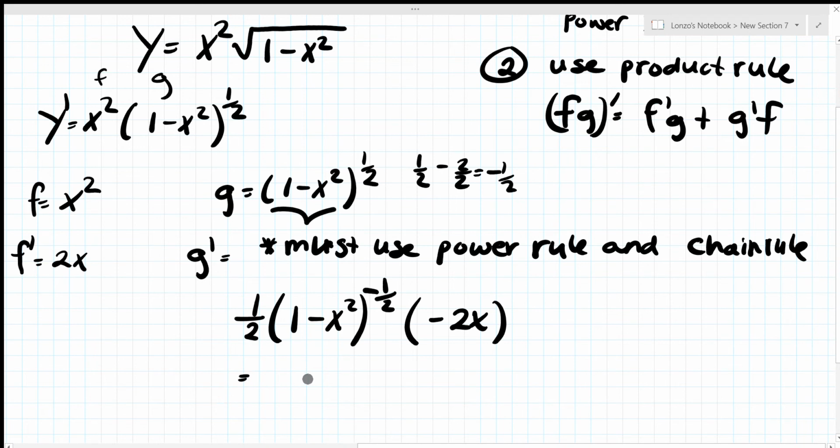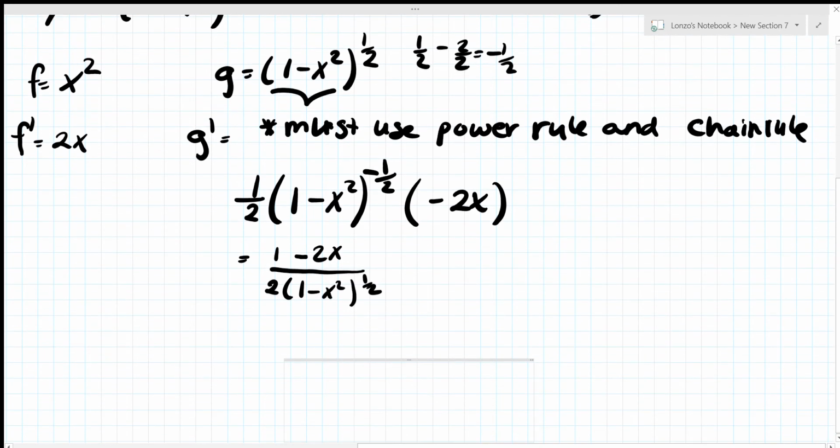Let's clean this up. This is going to be negative 2x times (1 minus x squared) raised to the negative 1/2. Let me think.